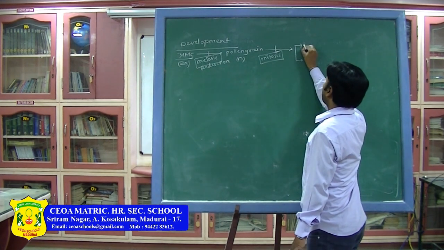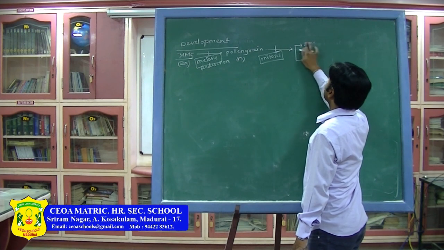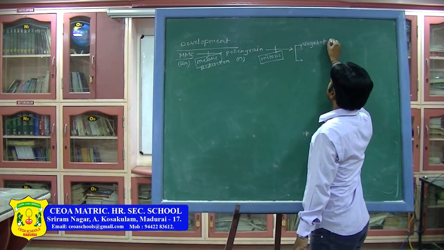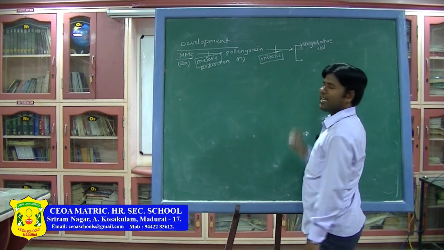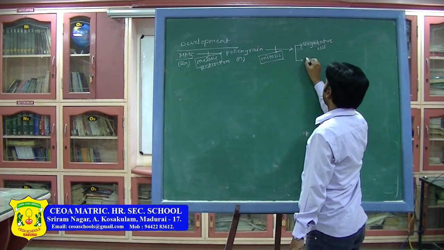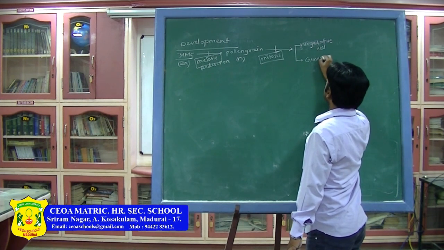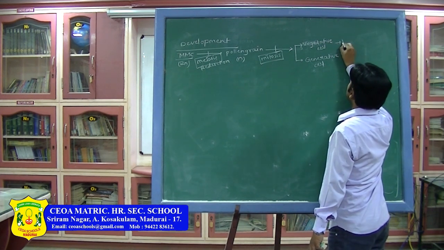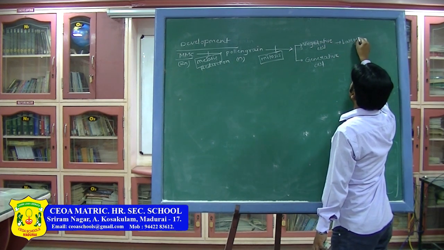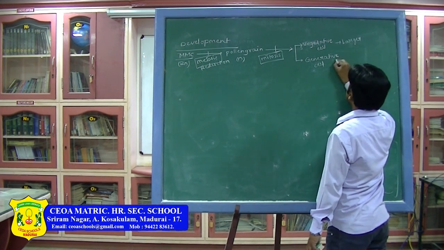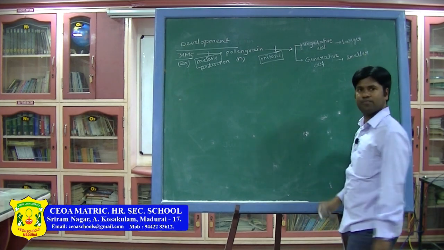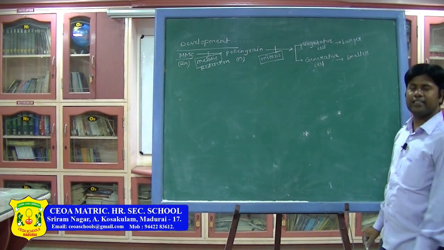One is the larger size cell, that is called the vegetative cell. The second one is the generative cell. The vegetative cell is larger in size, the generative cell is smaller in size. Is it clear, all of you?